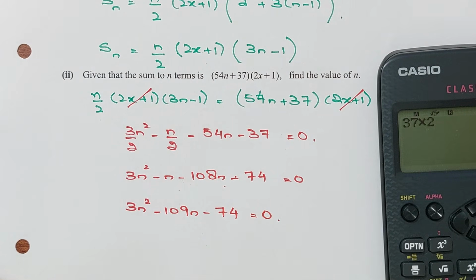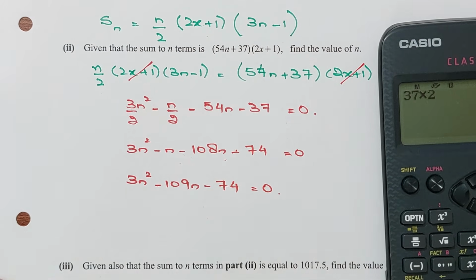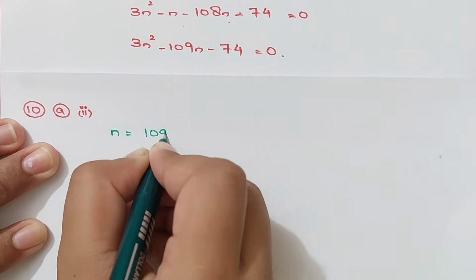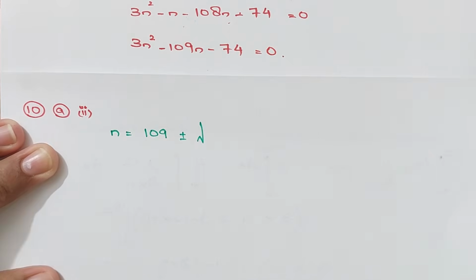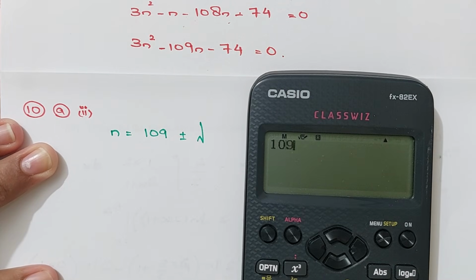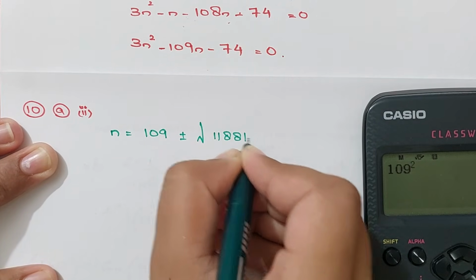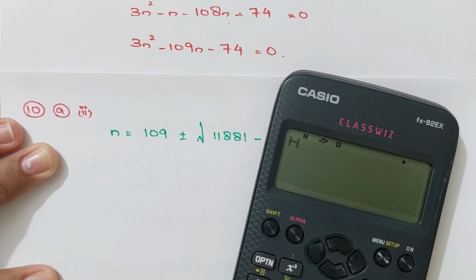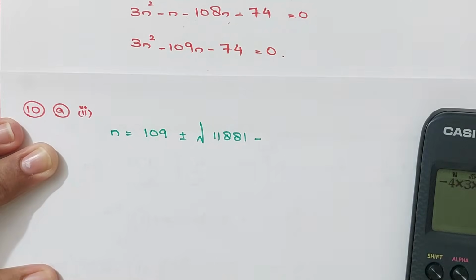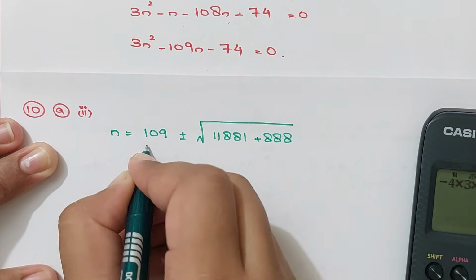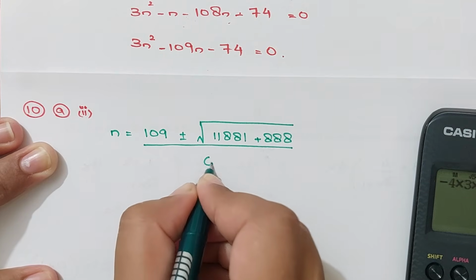Let me solve using the quadratic formula. n equals negative b plus or minus the square root of b square, which is 109 square, which is 11881, minus 4ac, minus 4 times the a value times the c value, so plus 888, all under the square root, and this whole divided by 2 times 3, which is 6.